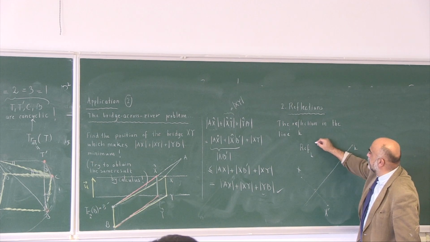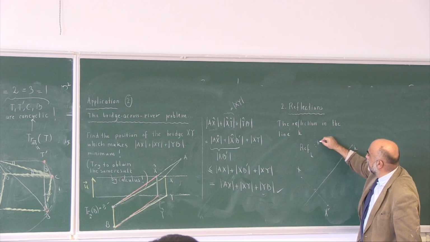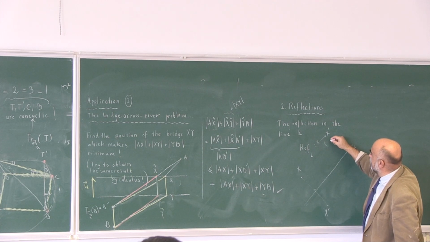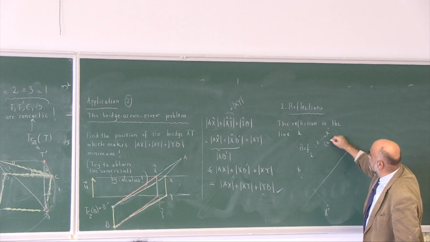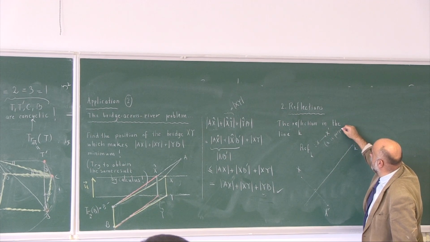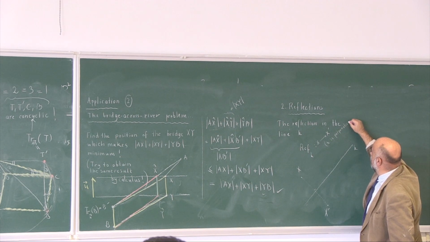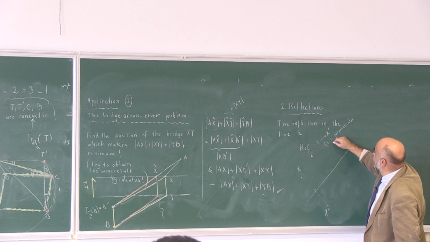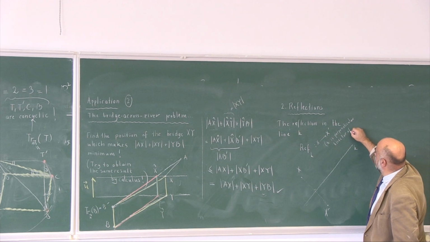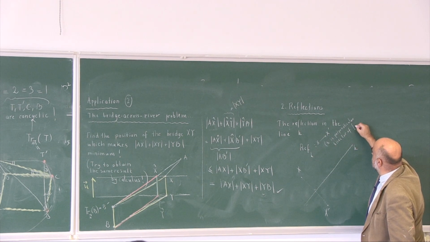So this sends x into x prime in such a way that K is the perpendicular bisector of the line segment x x prime.